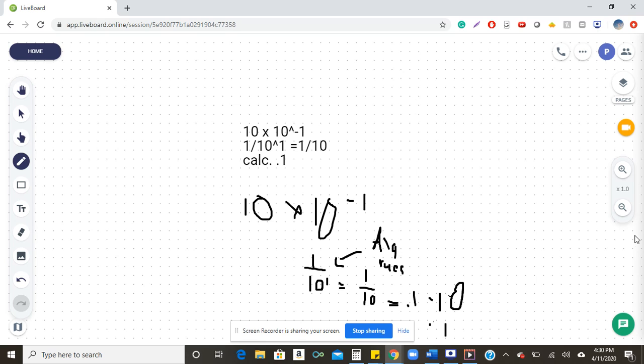And that's how you get your answer evaluating your scientific notation. You just bring this part down, this number to the left of the scientific notation, and you just multiply it by what you just evaluated 10 to the negative 1 to be.